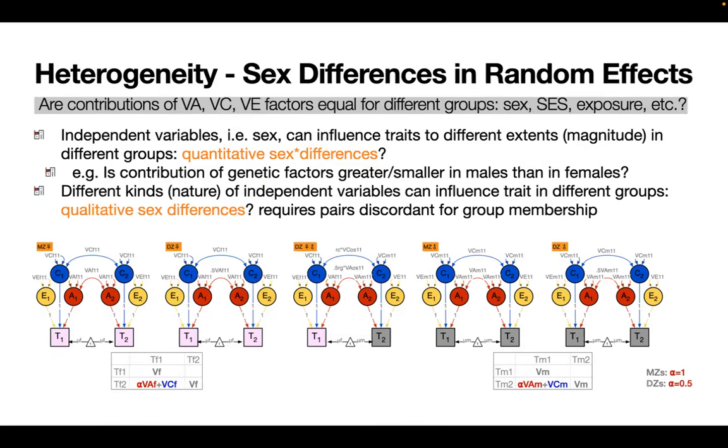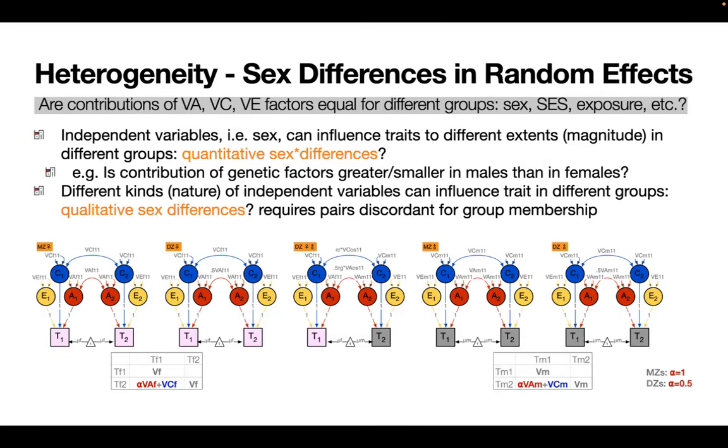You notice that there is an additional group in this case. When we have sex, we also have a group of opposite sex twins that allows us to answer further questions about potential sex differences that go beyond whether or not these sources of variance explain a different amount of variance in males and females. Maybe there are different kinds or a different nature of independent variables that influence the trait in different groups. This would be referred to as qualitative sex differences, but it requires pairs that are discordant for group membership.